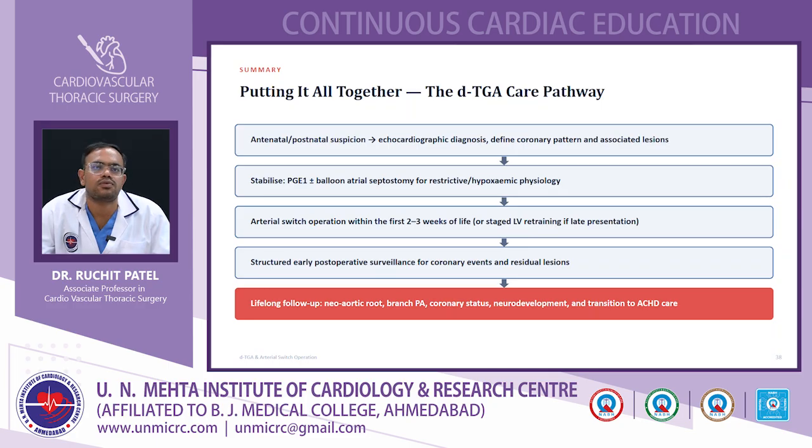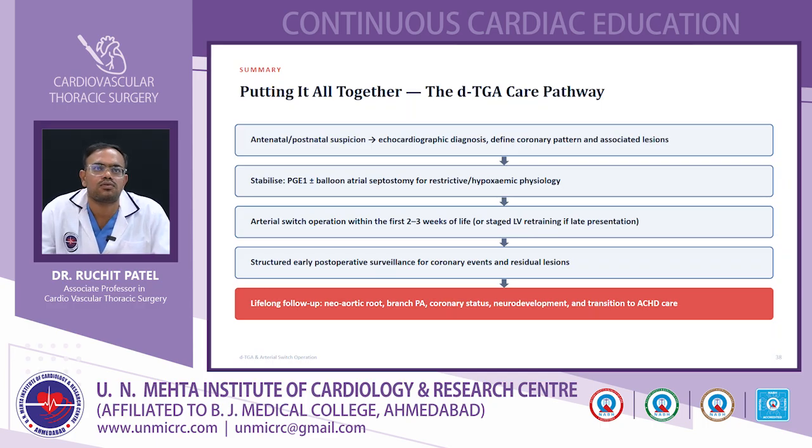The switch is usually done within the first 2 to 3 weeks of life, or it may be staged when presenting late. Structured early post-operative surveillance is required for any coronary events, aortic root or residual lesions, and lifelong follow-up for neo-aortic root and branch pulmonary artery stenosis, coronary artery status and neurodevelopment, and then transition to adult congenital heart disease.